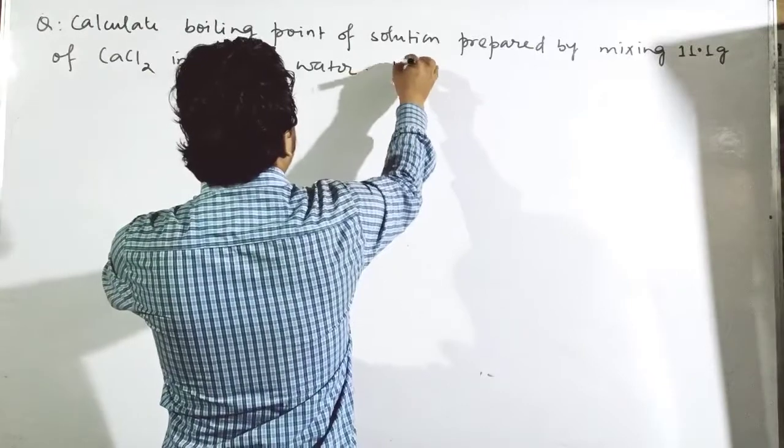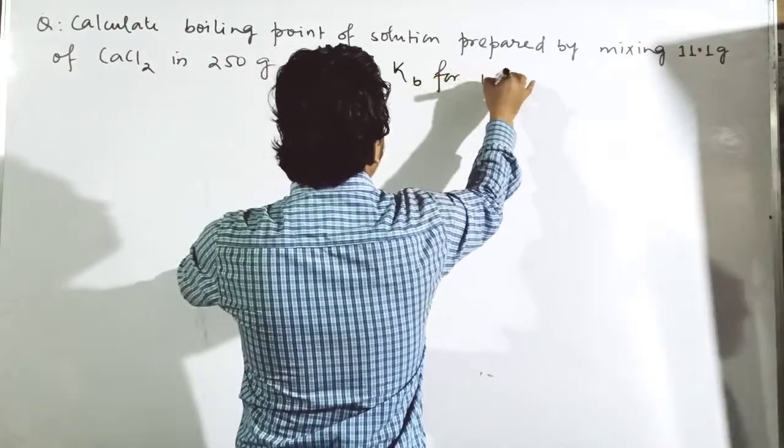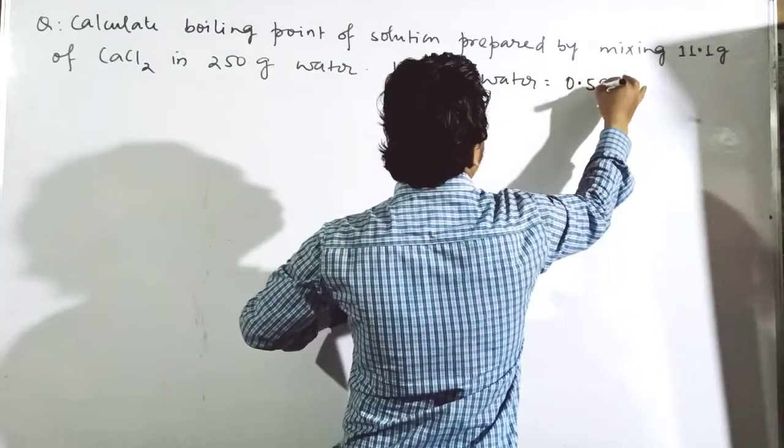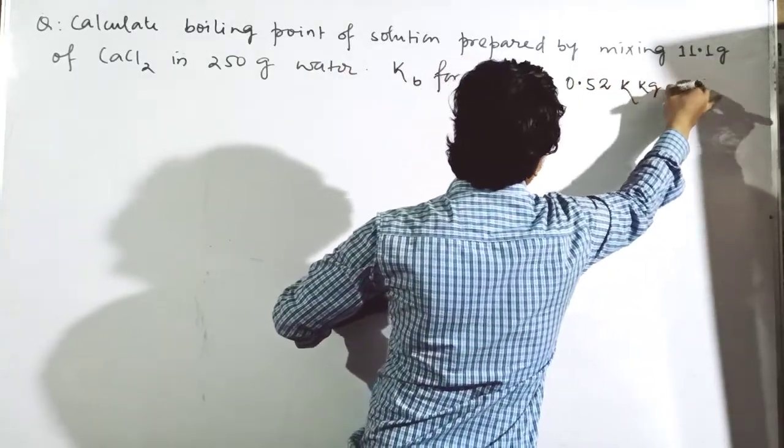It is given that Kb for water is 0.52 Kelvin kg per mole.